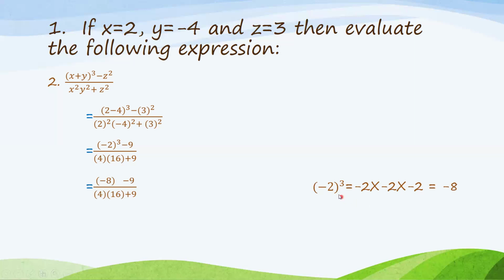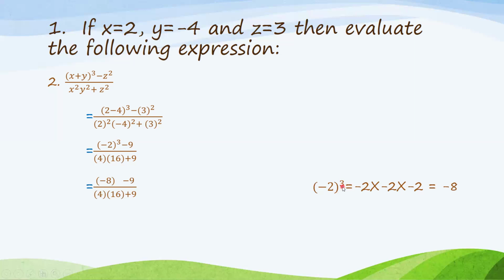Remember one point. We have already discussed this in chapter number 1. Whenever there is a negative number with an odd power, it gives you the negative sign. But whenever it contains an even power, if there is a power 2, 4, 6, 8, the answer will be positive.